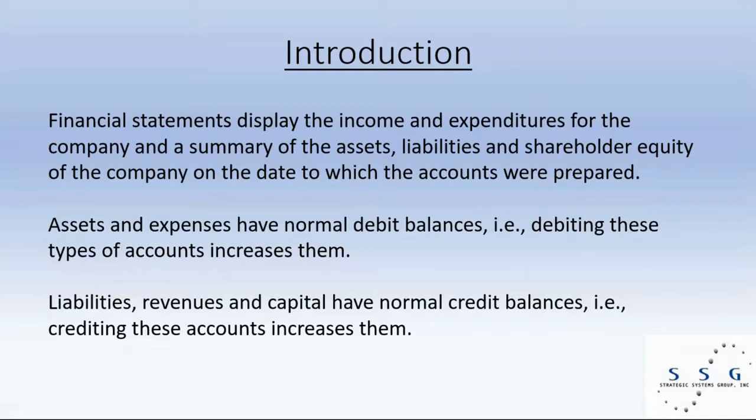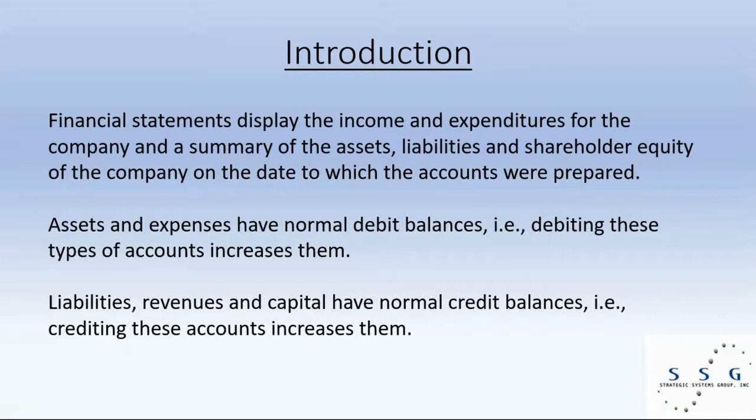Okay, so the assets and the expenses have normal debit balances. So debiting the assets and the expenses has the impact of increasing them. The liabilities, revenue, and capital all have normal credit balances. So crediting these accounts increases them.